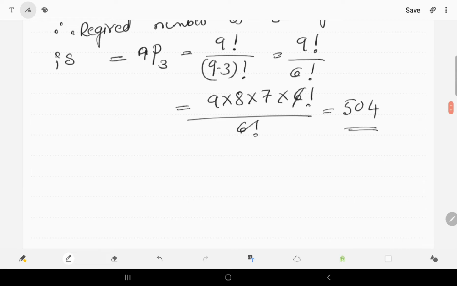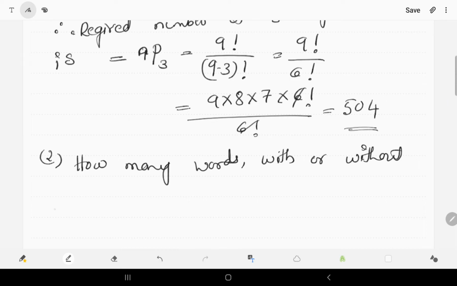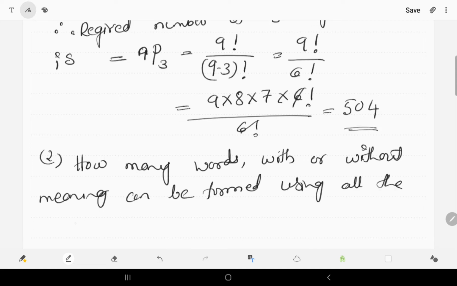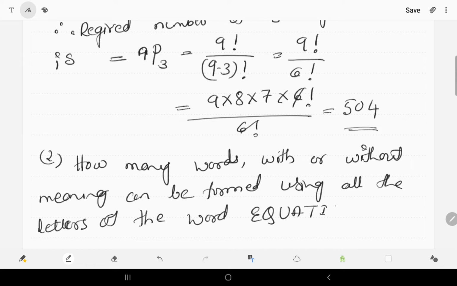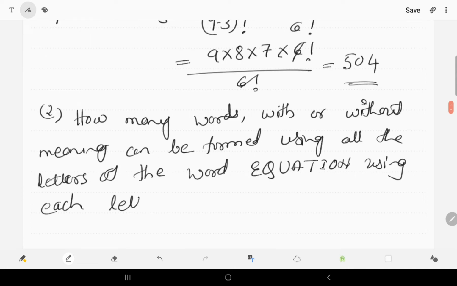Next one. How many words with or without meaning can be formed using all the letters of the word EQUATION, using each letter exactly once.